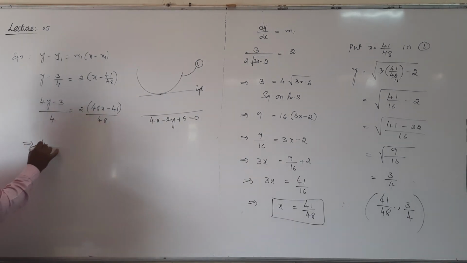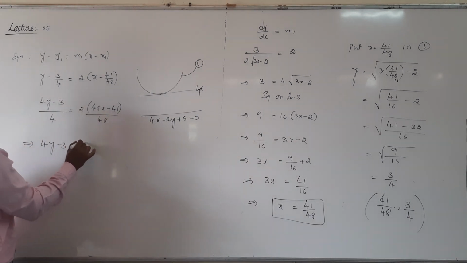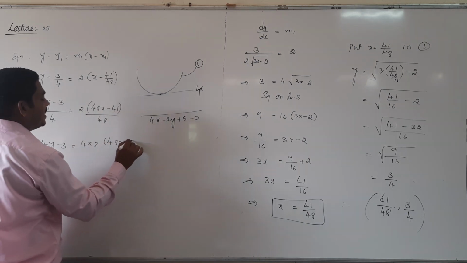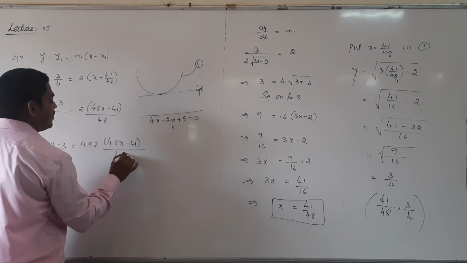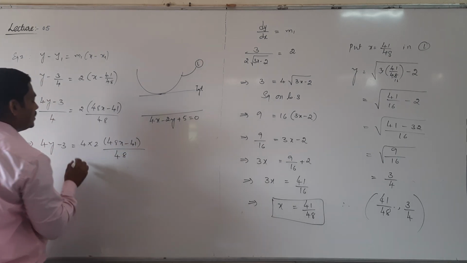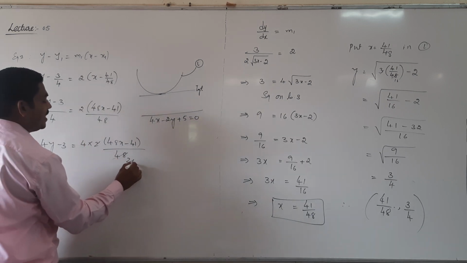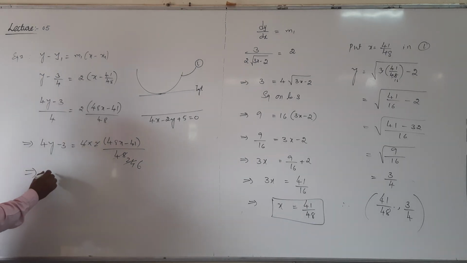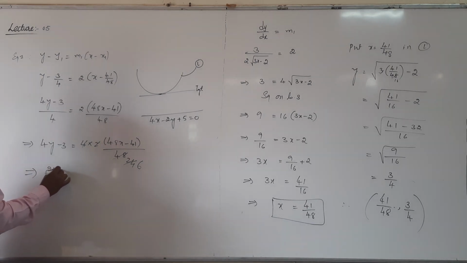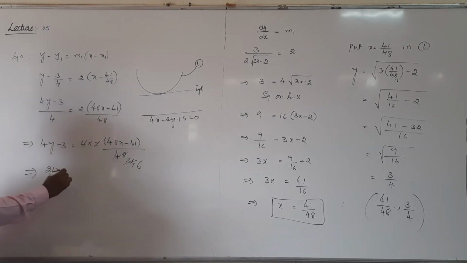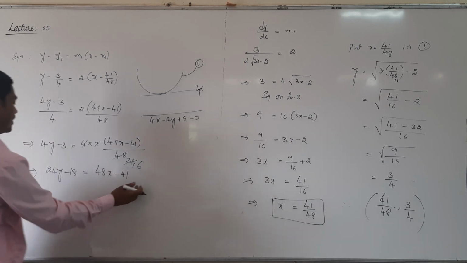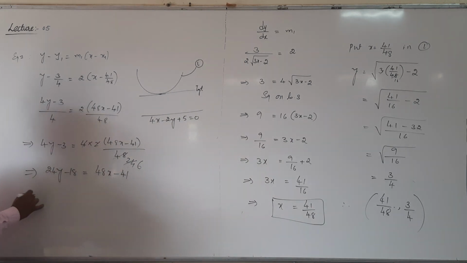Then 4y minus 3 is equal to 4 into 2, just cross multiplication, 48x minus 41 divided by 48. 2 ones are 2, 24. Now cross multiplication: 24y, because 6 into 4, minus 18 is equal to 48x minus 41. Now bring this into LHS, or else send it into RHS.